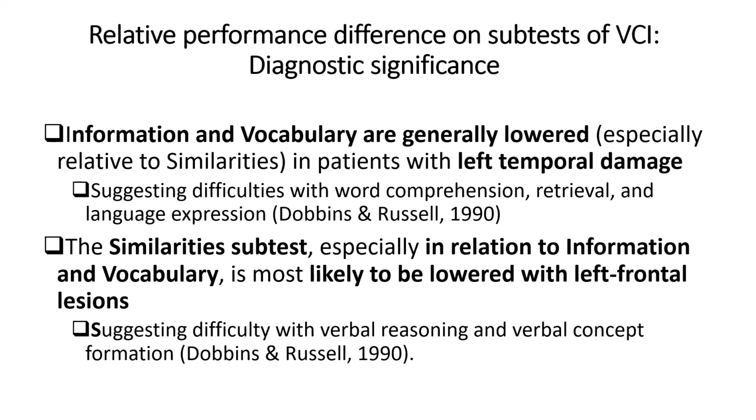So, as far as the relative performance difference on subtests of the verbal comprehension index is concerned, one pattern that has been reported by many researchers, I have cited Dobbins and Russell's study 1990. They noted that in patients with left temporal brain damage, the score on information and vocabulary when compared to the similarities is generally lower.